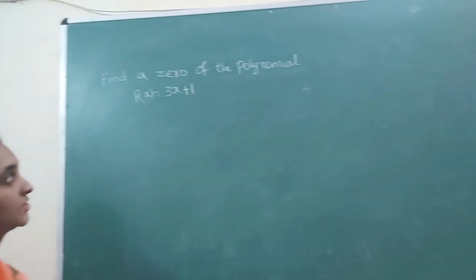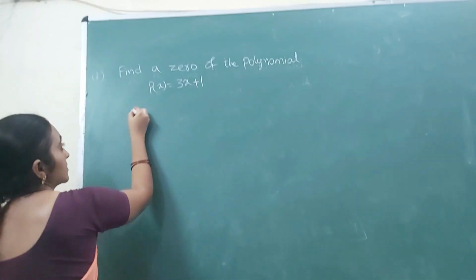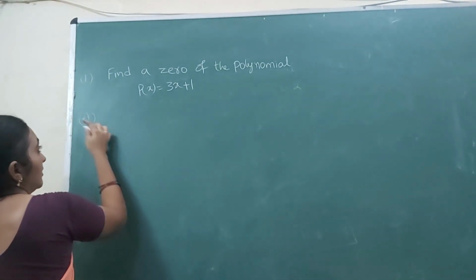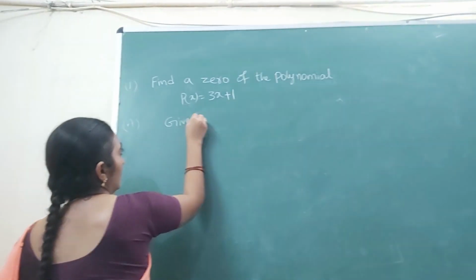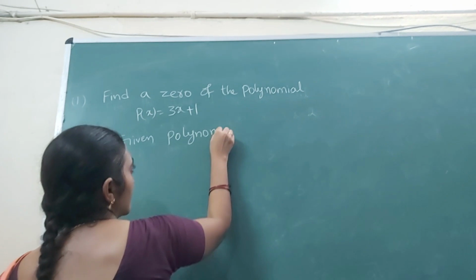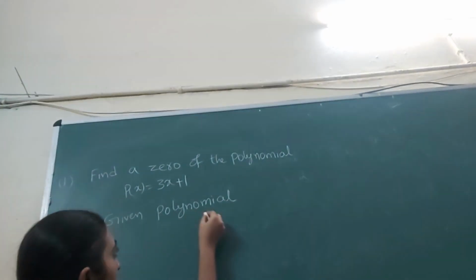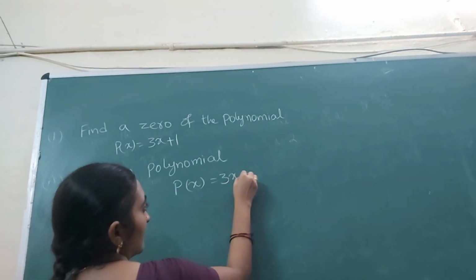Find a 0 of the polynomial p of x is equal to 3x plus 1. First we take the given polynomial p of x is equal to 3x plus 1.